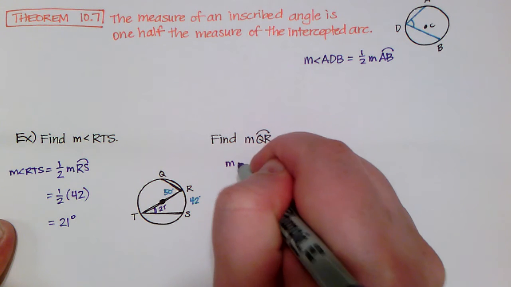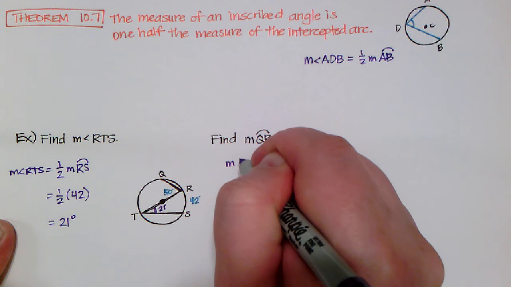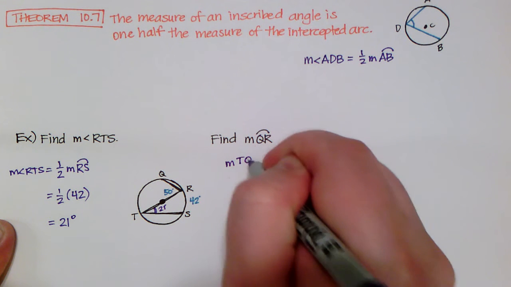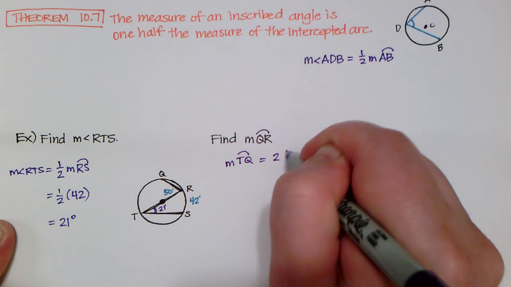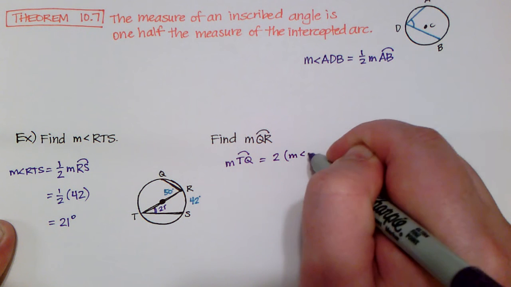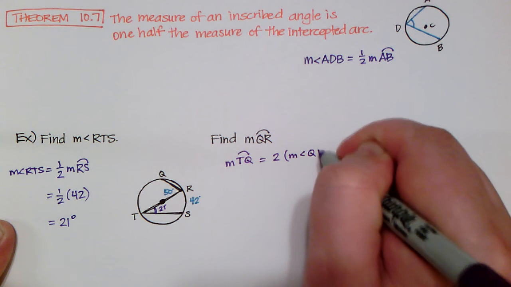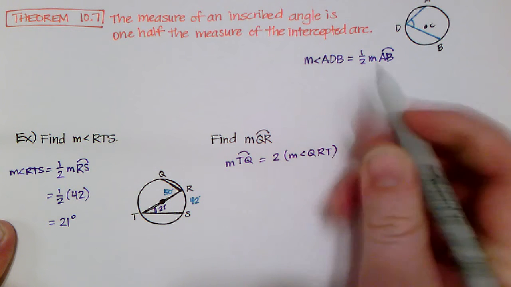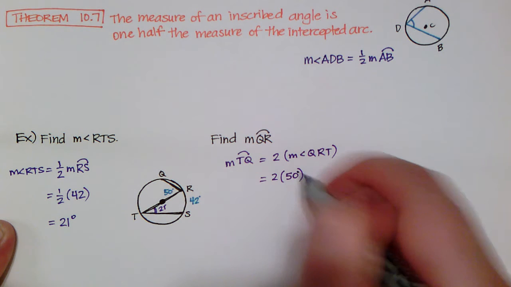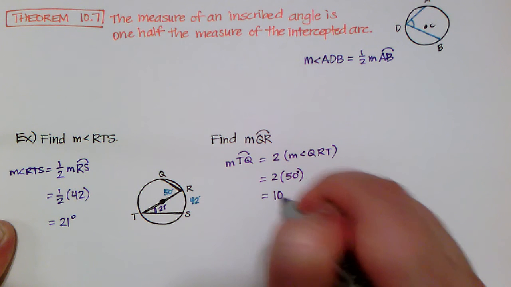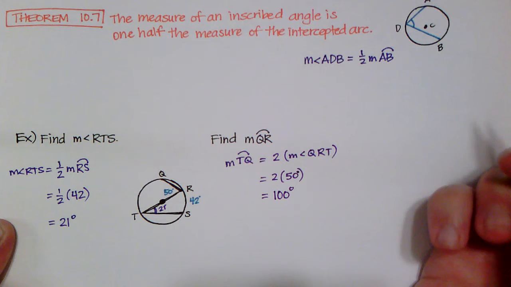So the measure of arc TQ is equal to twice the measure of angle QRT. And that's 50 degrees, which means the arc itself is 100 degrees.